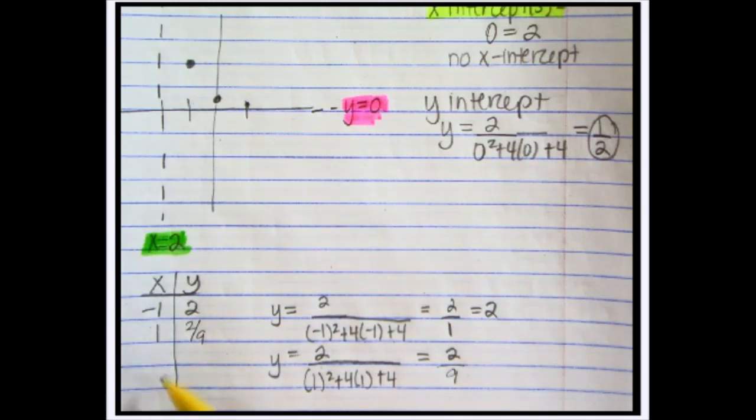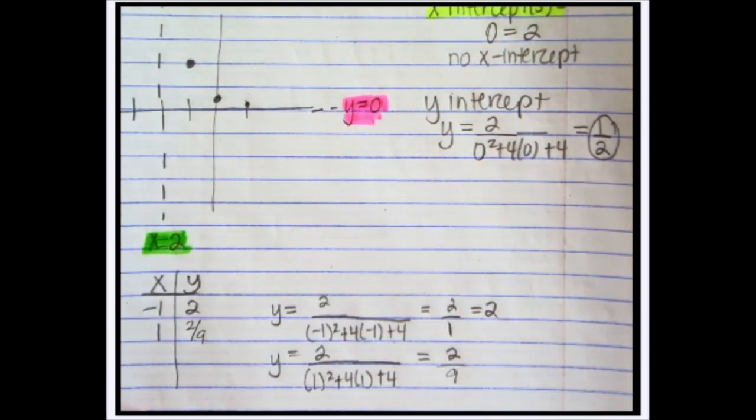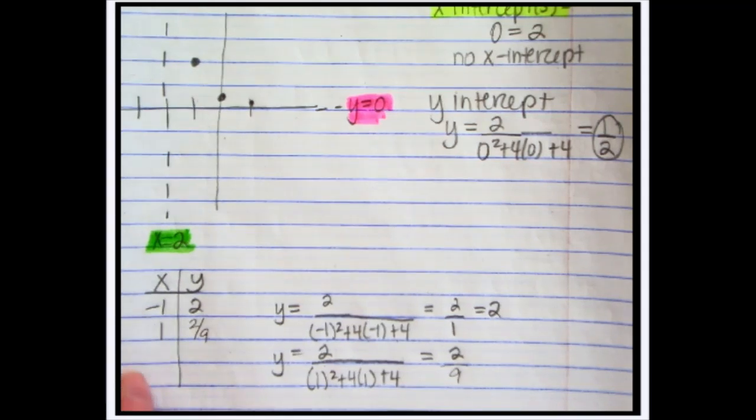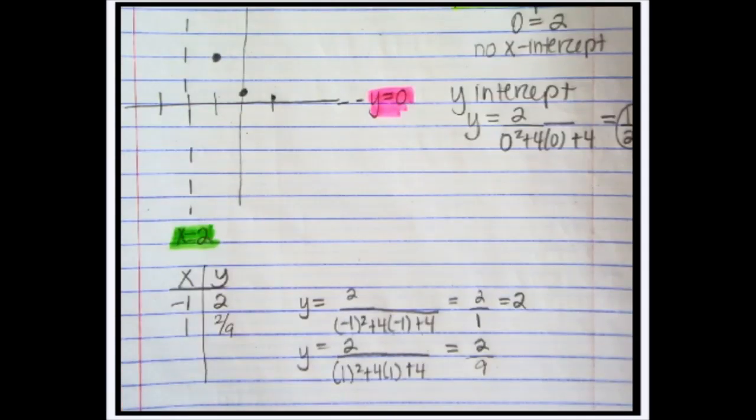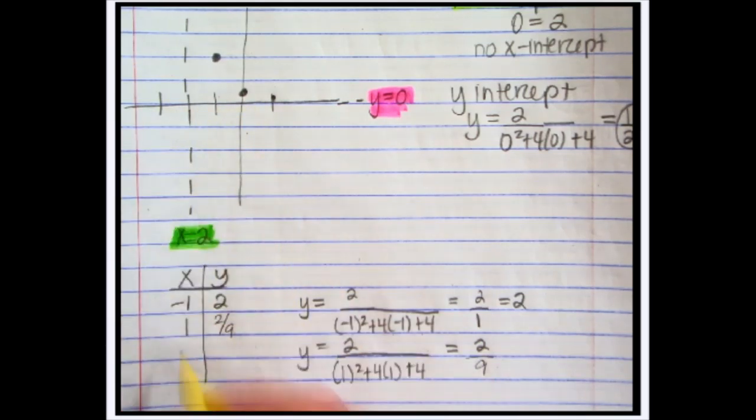I don't want you spending all your time on a t-table, but I do want you to remember that the t-table is a tool that we can use if we don't have a graphing calculator, or to get at least a general picture and use a graphing calculator or Desmos to confirm. So let's see what's going on over here. Let's try -3.